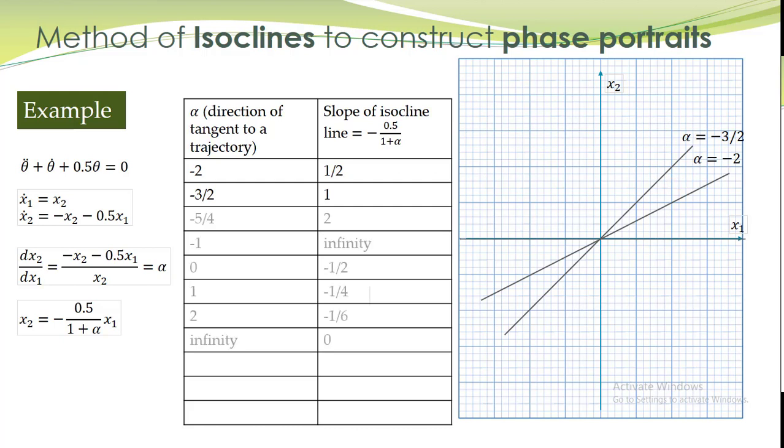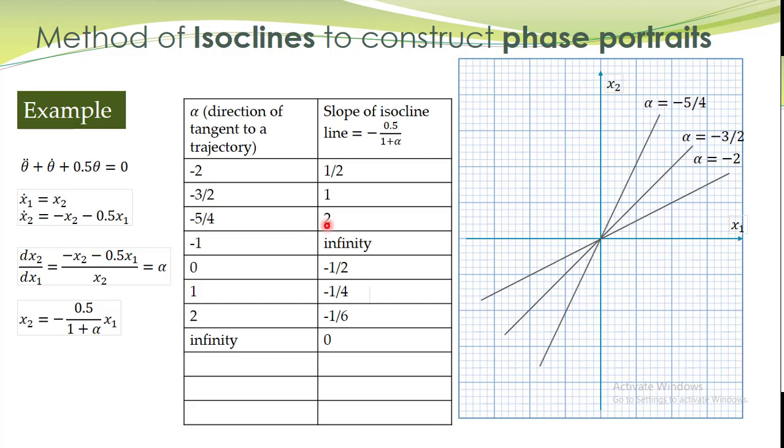So similarly, take other values of alpha. I have selected these values so that it is easier for me to draw these lines. You can of course take some other numerical values as well. For alpha equal to minus 5 by 4, the slope of this isocline comes out to be equal to 2.